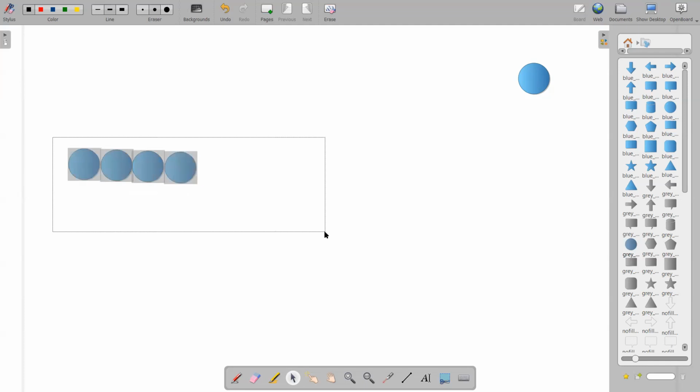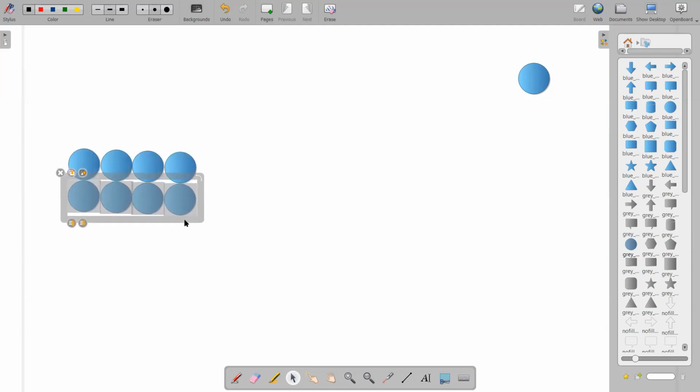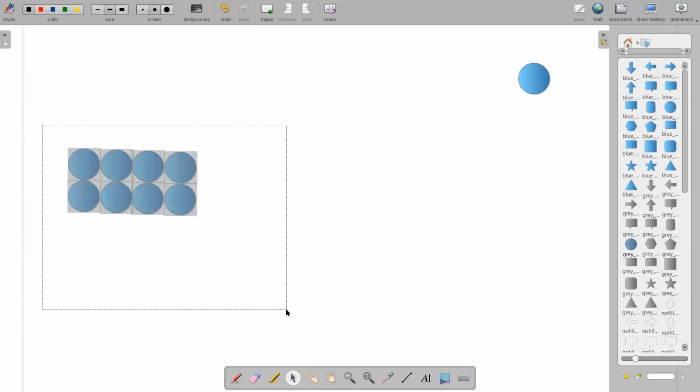Now I can take all of these. Wait a second. C, Control V. And I can take all these atoms, put it below. Then I can take again all these. No, I cannot take all these.